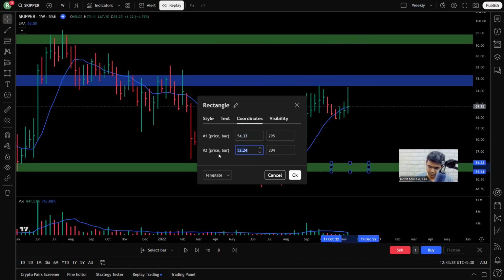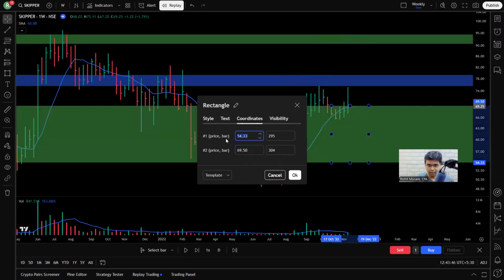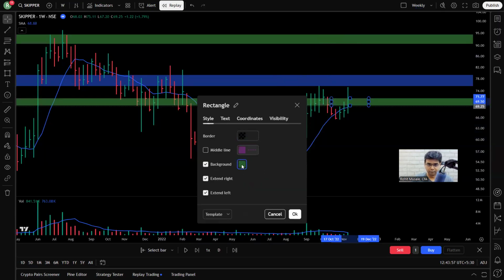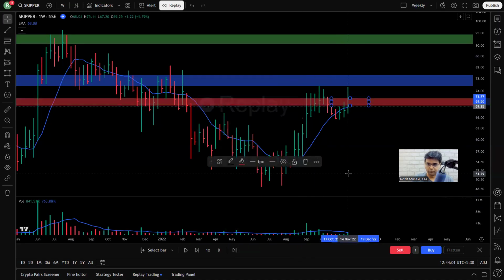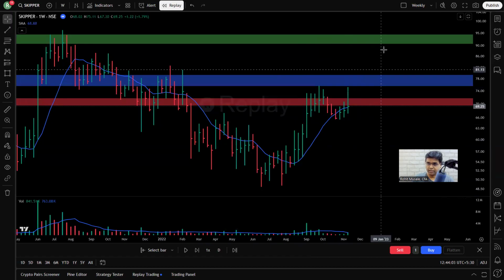So this is 75.55 multiplied by 0.92, 69.50. And this is 75.55 multiplied by 0.95, 71.77. Okay, so that's the buying range, selling range, stop loss range.